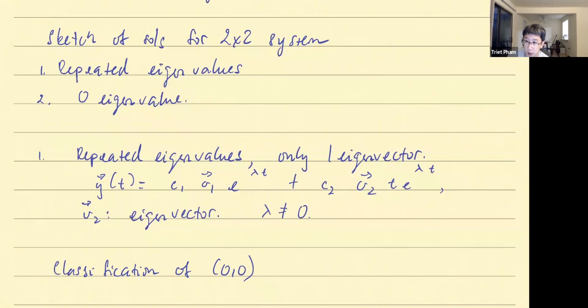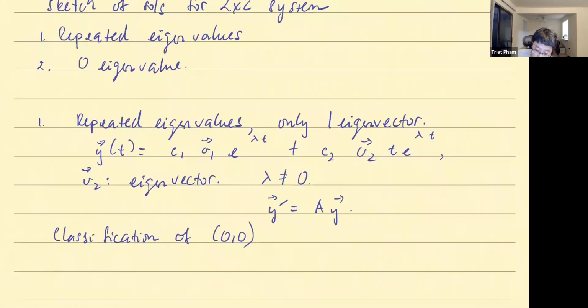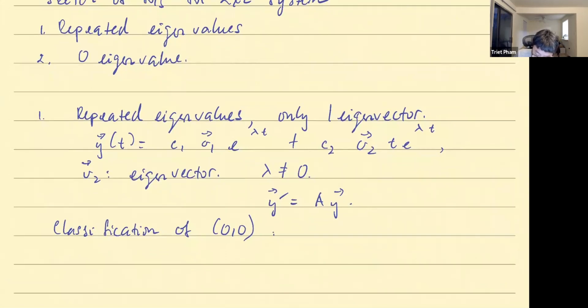Because you have a repeated eigenvalue but the eigenvalues are non-zero, our matrix A in y prime equals Ay is still invertible. So we only have 0, 0 as the only equilibrium. And in this case, it is exactly what you expect. Lambda negative, then it's a sink. Lambda positive, then it's a source. Same as the case where you have distinct eigenvalues.